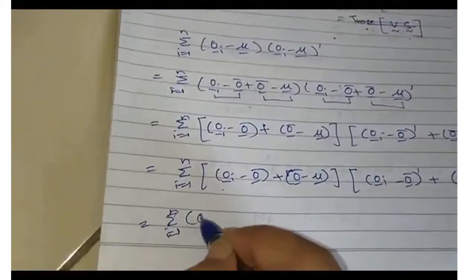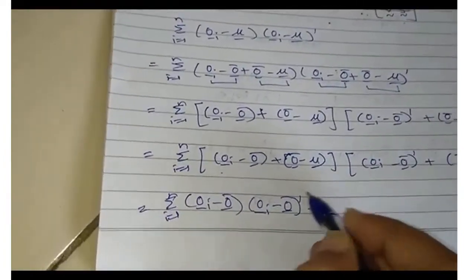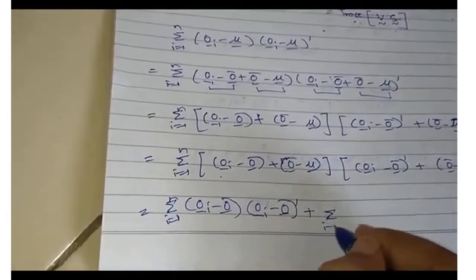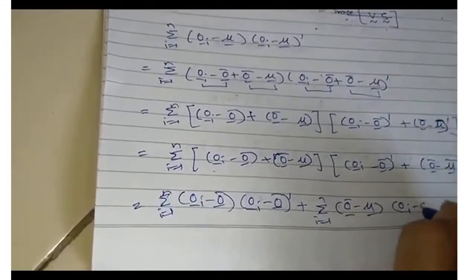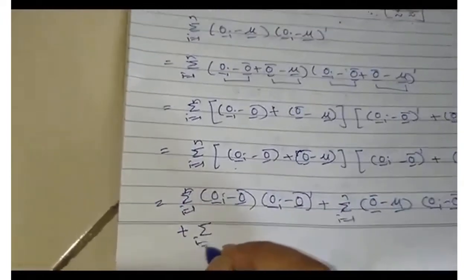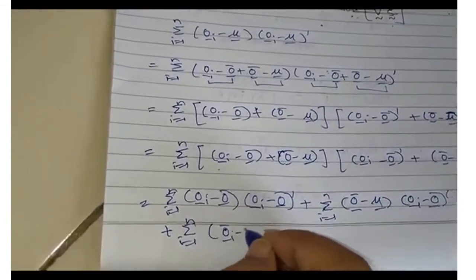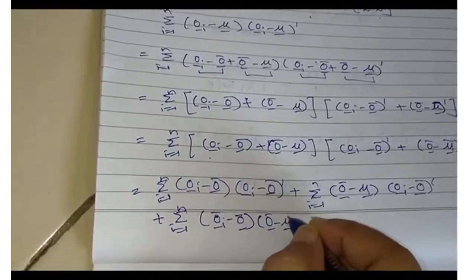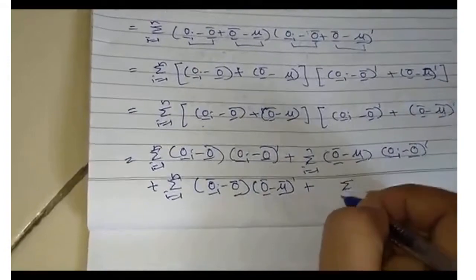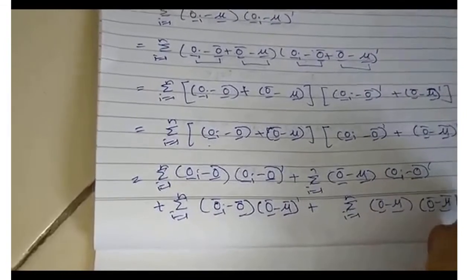The first term will be y minus o bar into y minus o bar prime, plus the second term, the sum over i of o bar minus mu into y minus o bar prime, plus the sum over i of y minus o bar into o bar minus mu prime, plus the sum over i of o bar minus mu into o bar minus mu prime.